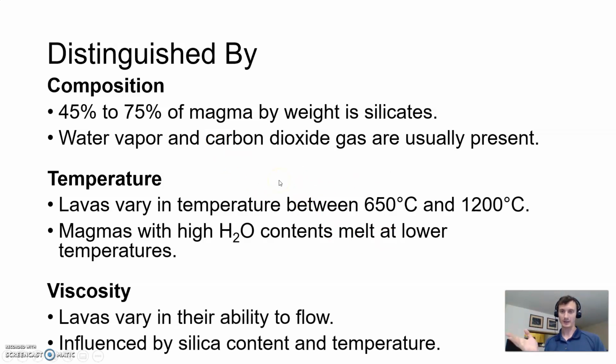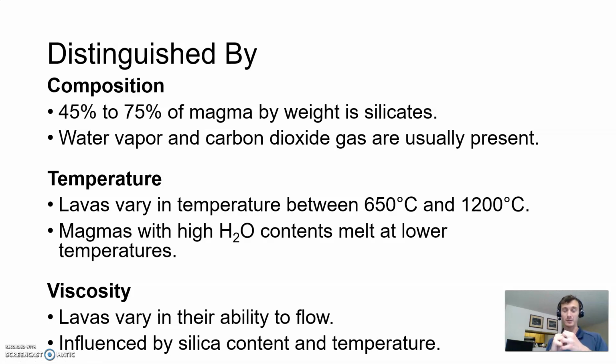Finally, we talk about the viscosity of these and how well they flow. So stuff which comes from really, really deep within the earth is going to flow really, really easily. It spreads out. It's sort of thin, depending on silica content and temperature, right? So the stuff which is high temperature and low silica content flows really, really easily. You can imagine that the silicates are these nice chains holding onto each other, binding everything together.